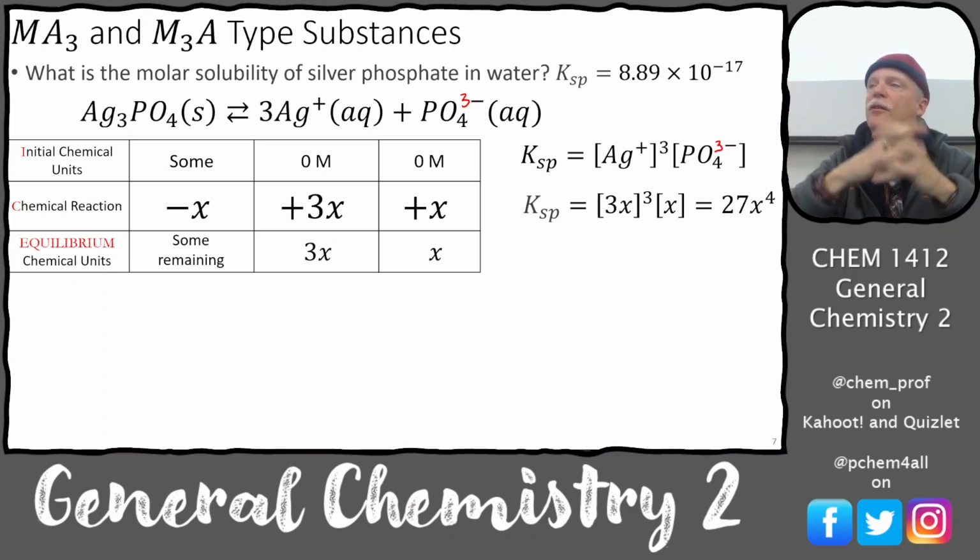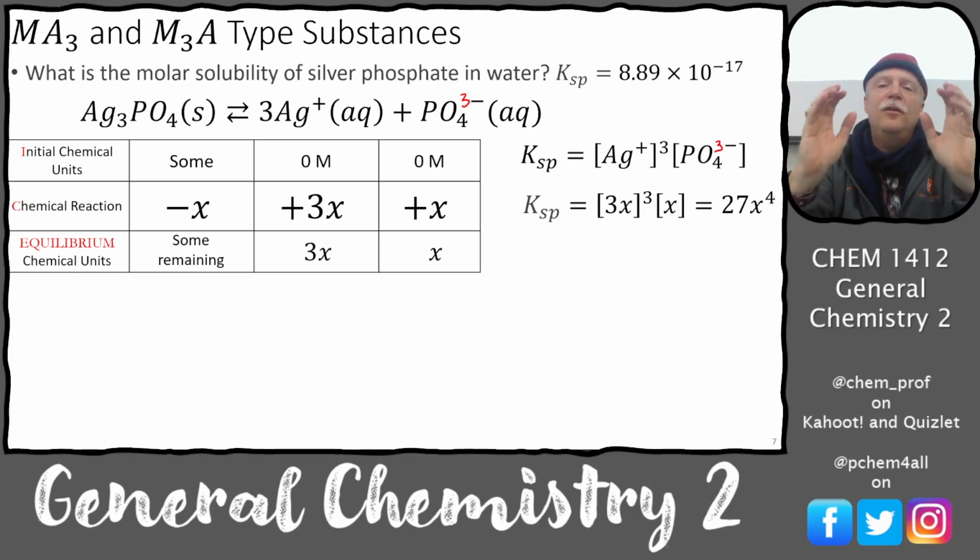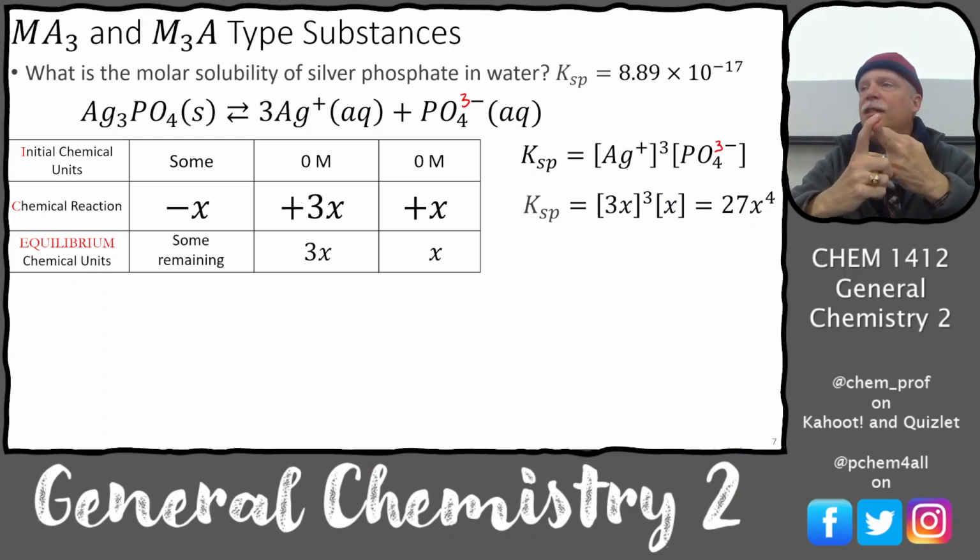There's 3 of those, so it'd be 3x cubed for the silver, x for the phosphate. When I want to separate the 3 from the x, they're in parentheses, cubed, so I've got to have 3 cubed. So 3 times 3 is 9, and 9 times another 3 is 27. So 27 comes out front, and I have x cubed times x, which gives me x to the 4th.